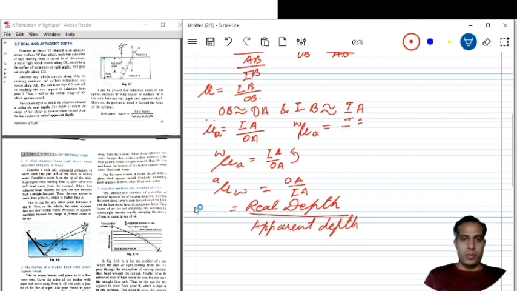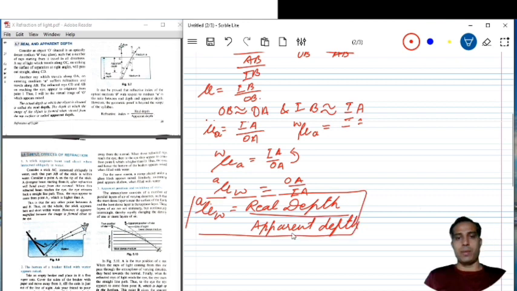It means the refractive index of water with respect to air is equal to real depth over apparent depth. This relation can be asked sometimes, for example, prove that refractive index is equal to real depth over apparent depth. So you can solve it in this way. It is quite simple.